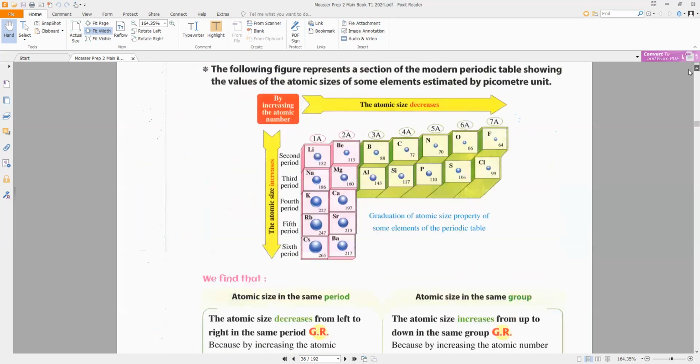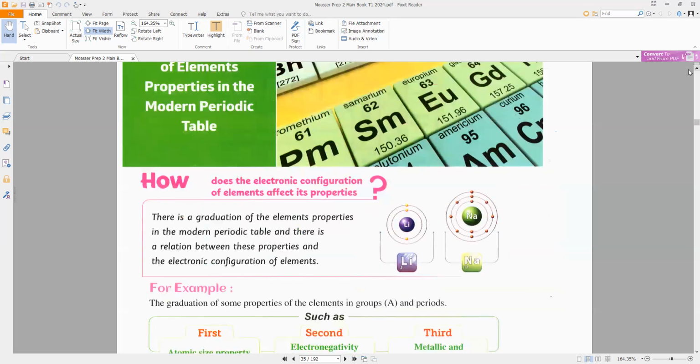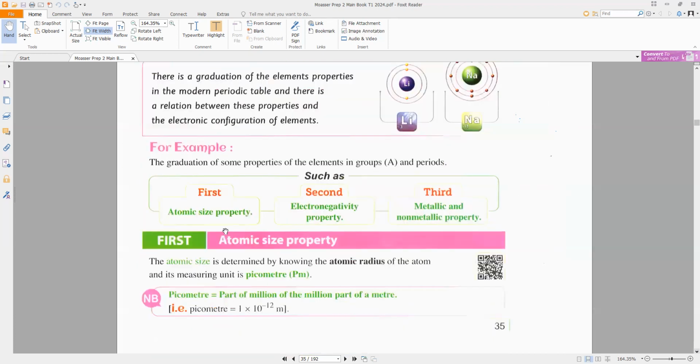after putting the elements in the modern periodic table, arranged according to atomic number, they found that properties are also graded, and they found a relationship between the properties and the number of outer electrons. From these properties, we will study three: the atomic size, what is the gradation of the atomic size in the table, increase or decrease in the group, electronegativity, and metallic and non-metallic properties.